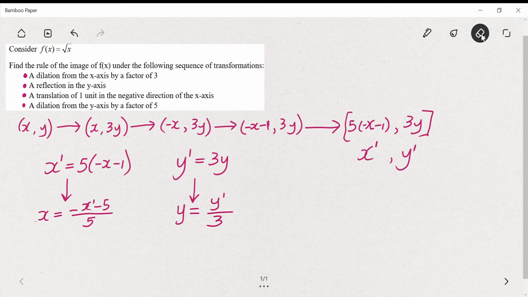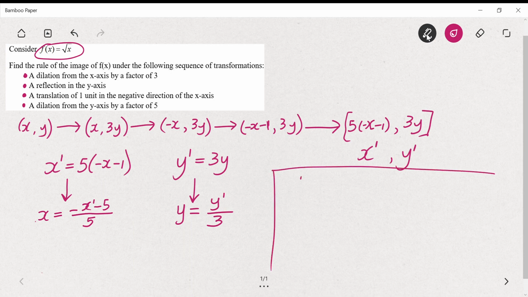Now let's go back to our original function, which is f of x equals root x. In other words, y equals f of x, so y is equal to root x was our original function. So I'll just write that down here. y is equal to the square root of x was what we originally had.